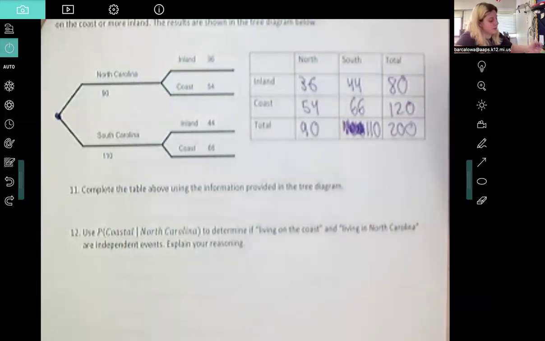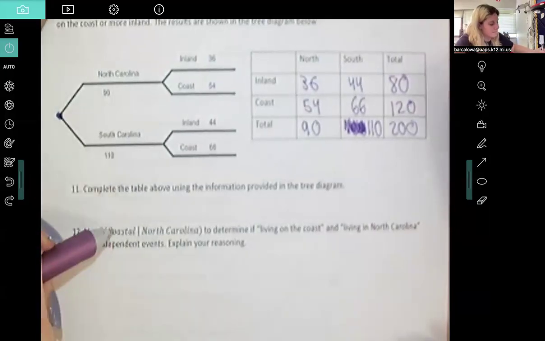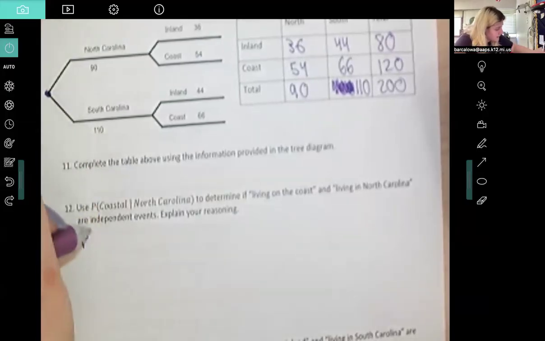All right, use the probability of being coastal, given you live in North Carolina, to determine if living on the coast and living in North Carolina are independent. So let's find this first. Probability they're on the coast, given they're in North Carolina.